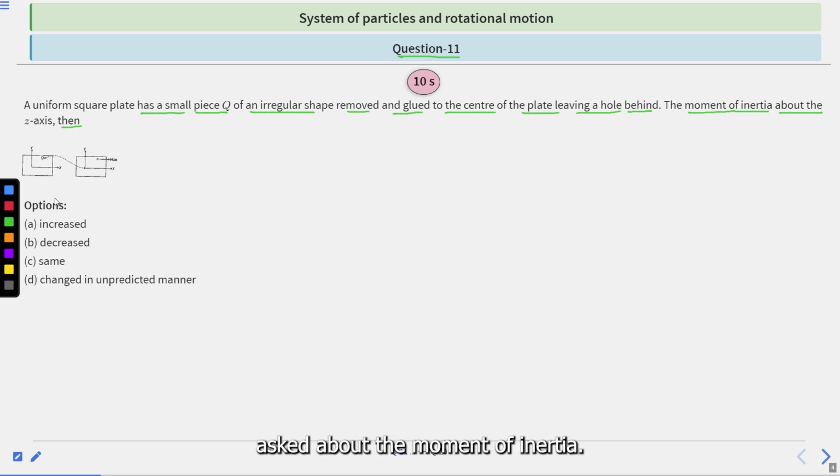Here the question asks about the moment of inertia. Option A is increased, option B is decreased, option C is same, and option D is changed in an unpredictable manner. So which option is correct? You have 10 seconds to solve this question. After 10 seconds we will provide the solution. Clear?